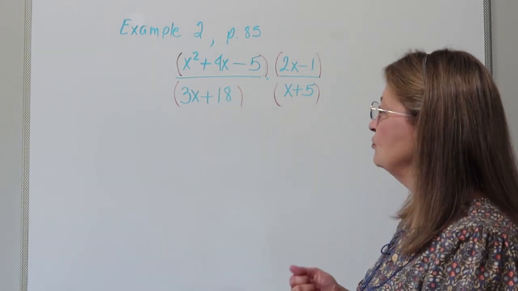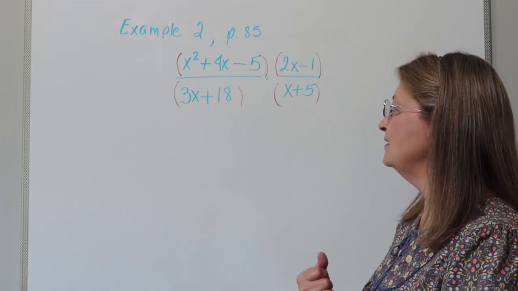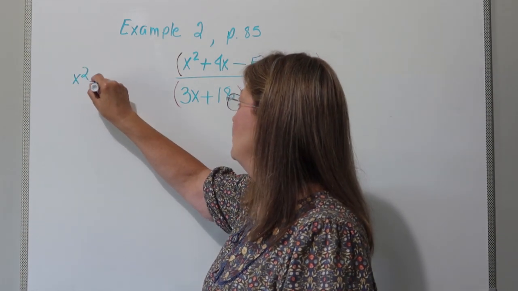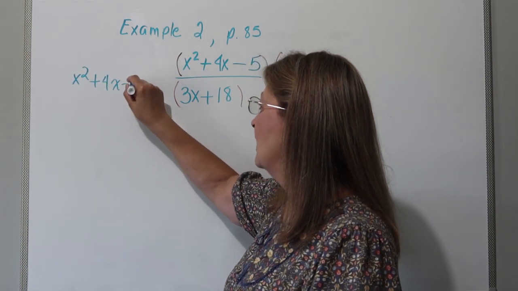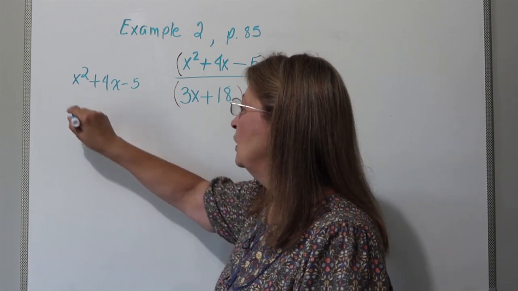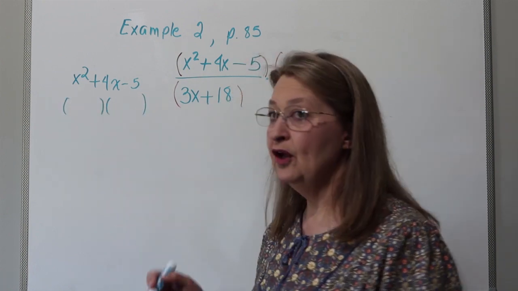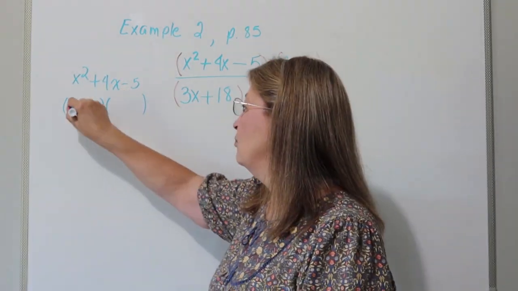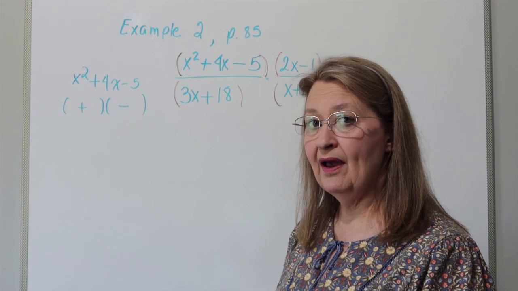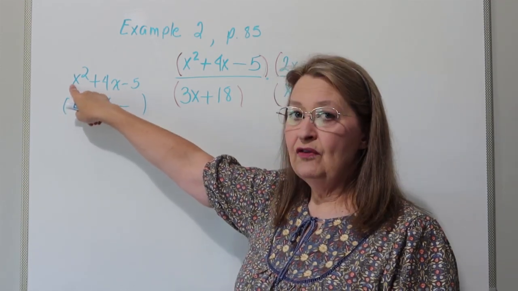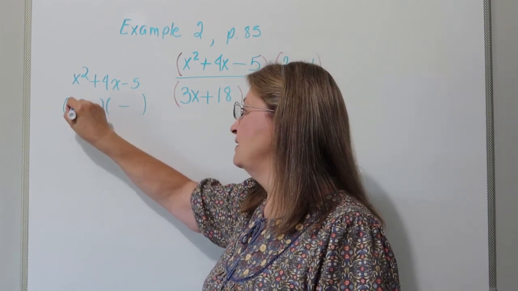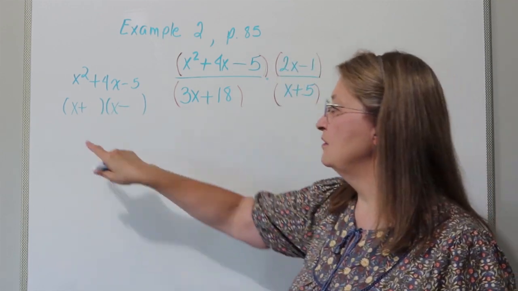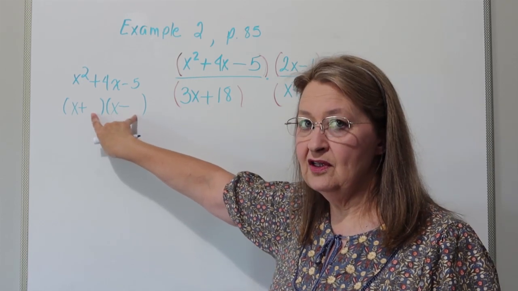Alright, let's look at this trinomial. Going through that list, is there a greatest common factor? No, there's not. So if I take x squared plus 4x minus 5 and I get ready to factor it, it's going to factor into two binomials. What signs am I going to have? Since this is a minus, I'm going to have one of each, a plus and a minus. This does not have a coefficient in front of it, so this is the easy one. I just have an x and an x in my first term. The only challenge here is to find the numbers that go in these second positions.